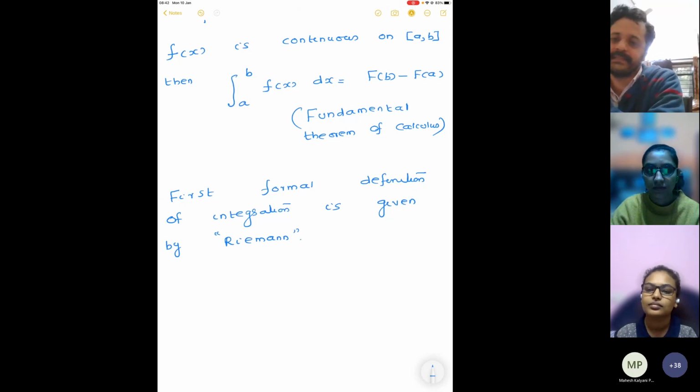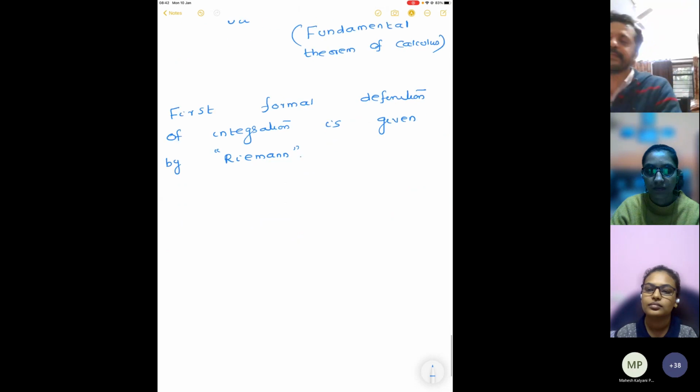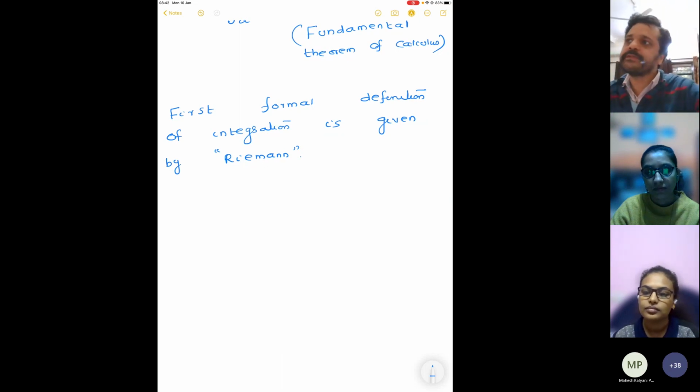What is that common sense? Riemann has put it in a nice mathematical language. The question that we are asking is the following. Suppose you have a wire, let us say, of varying density. The density varies with the place. So f of x is the density at the xth position.